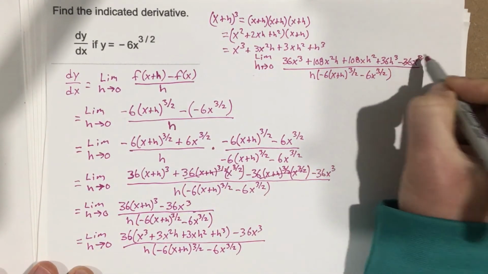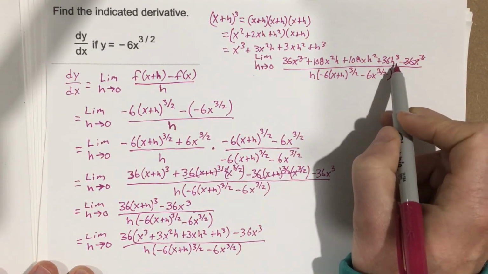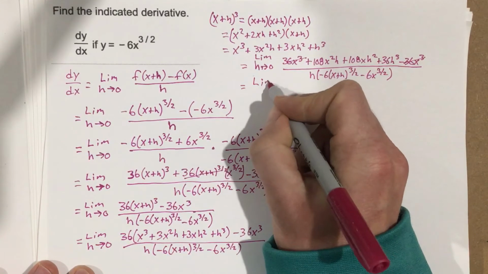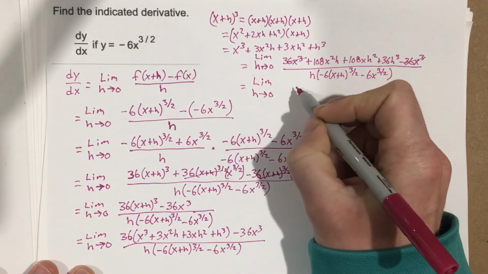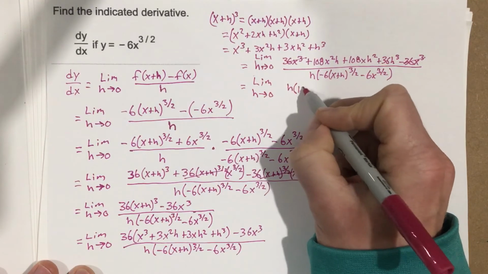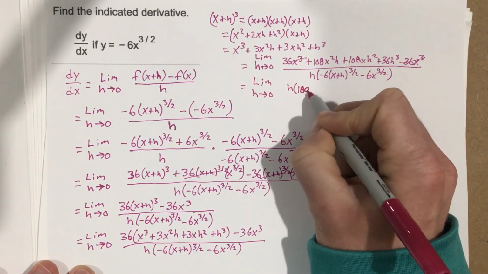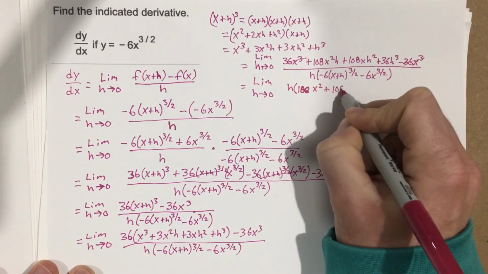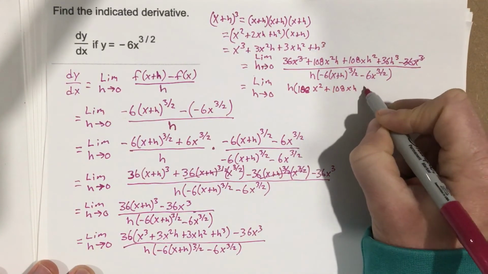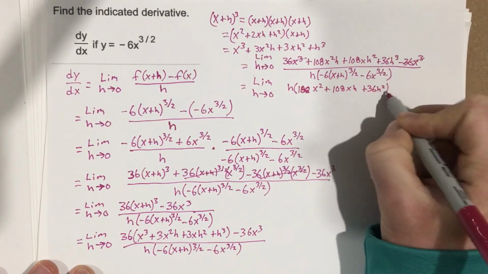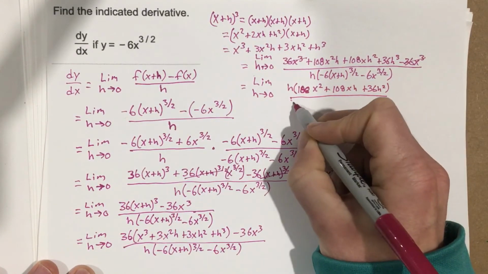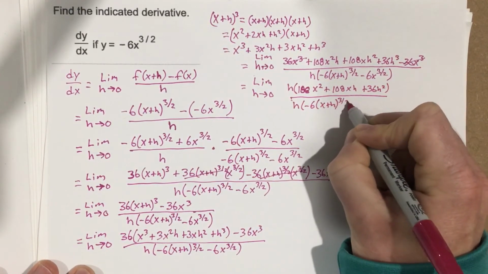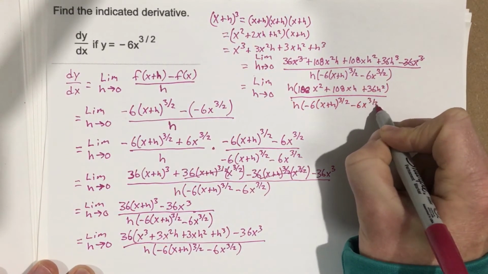We can cancel the negative 36 x cubes, and let's factor an h out as well. So we end up with limit as h approaches 0 of h times 108 x squared plus 108xh plus 36h squared all over h negative 6 x plus h to the 3 halves minus 6x to the 3 halves.